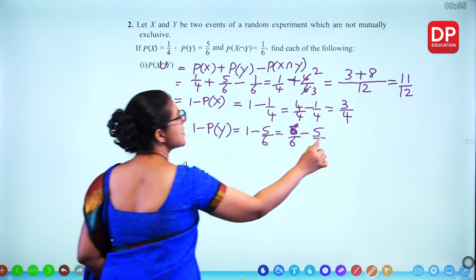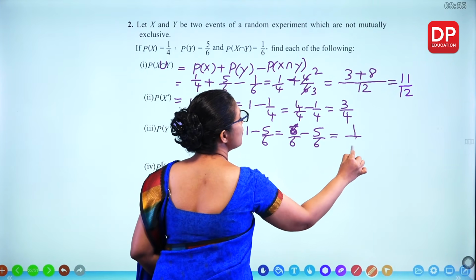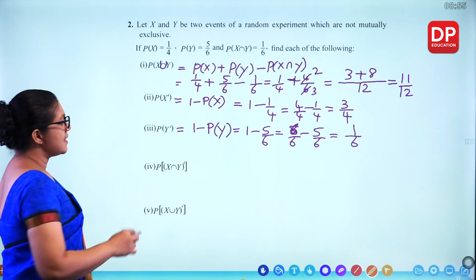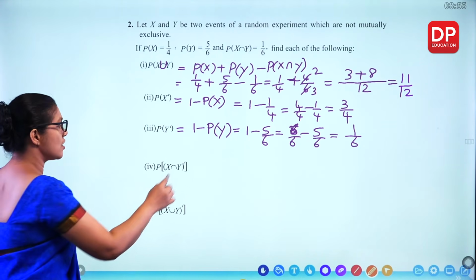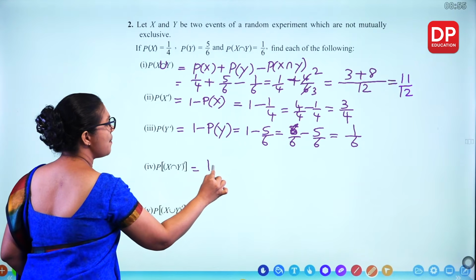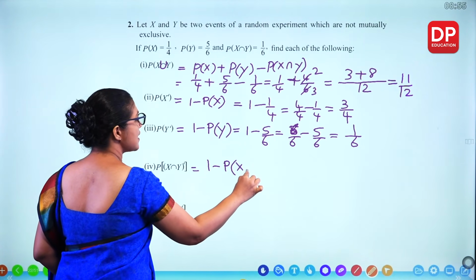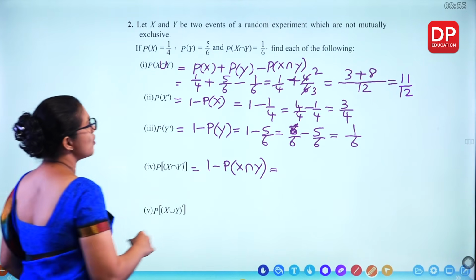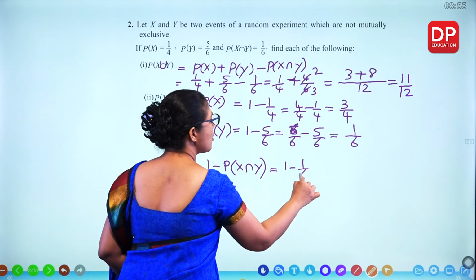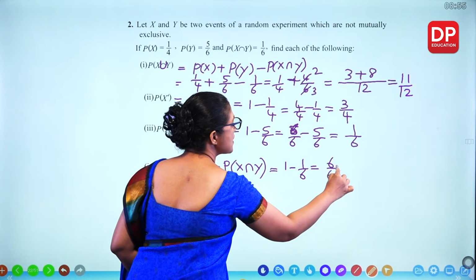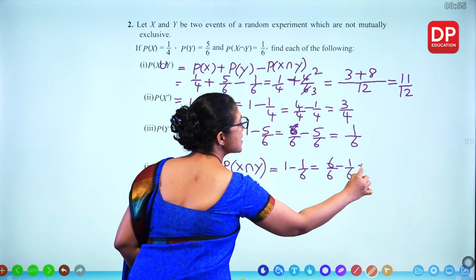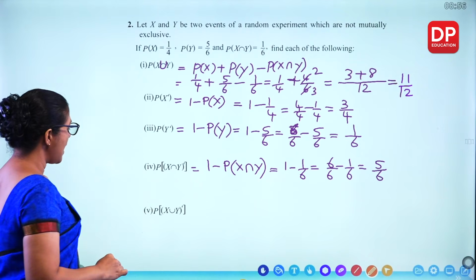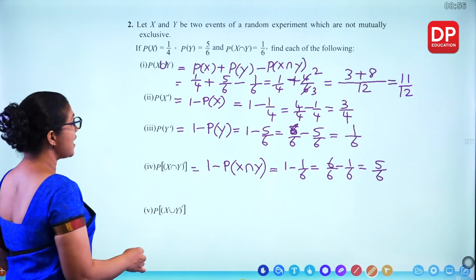Minus 5/6 is equal to 1/6. Probability of X intersection Y dash. What's the formula? 1 minus probability of X intersection Y. What's intersection? 1/6. 1 minus 1/6, that becomes 6/6 minus 1/6, 5/6.